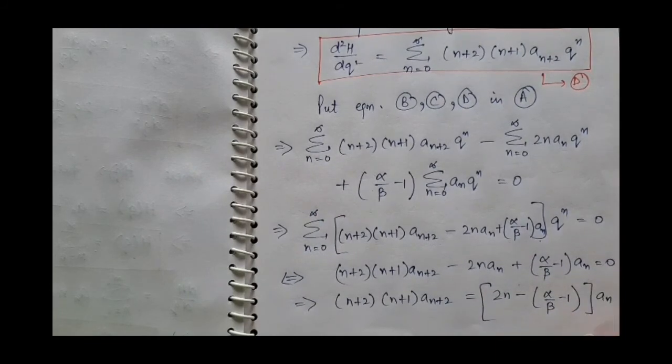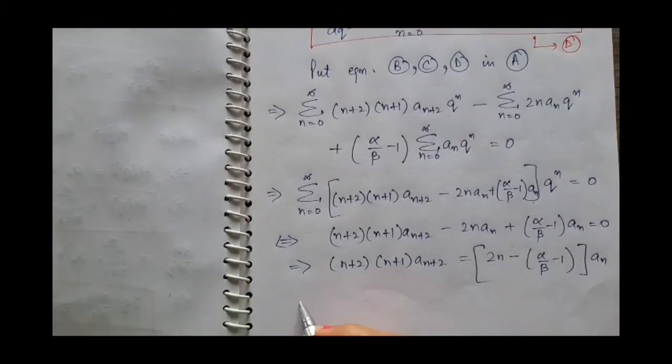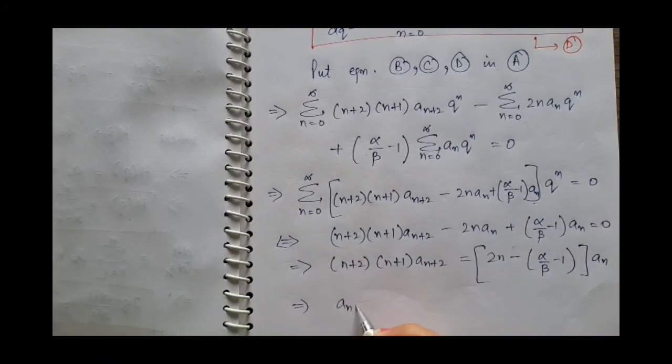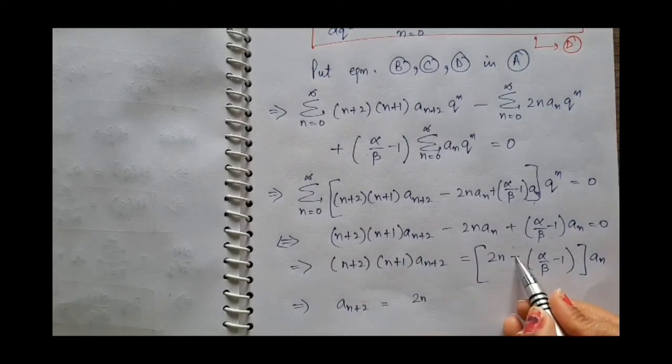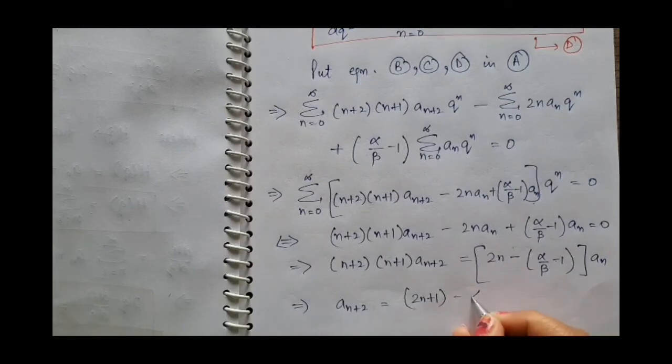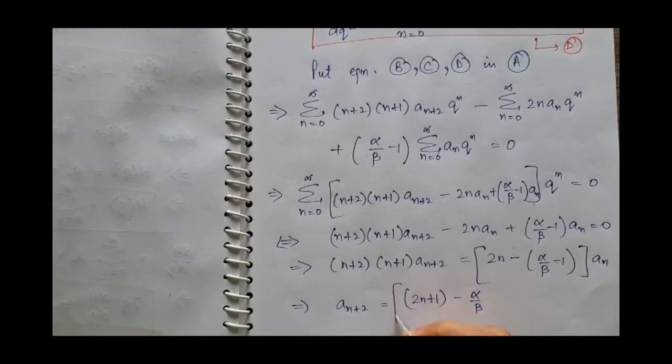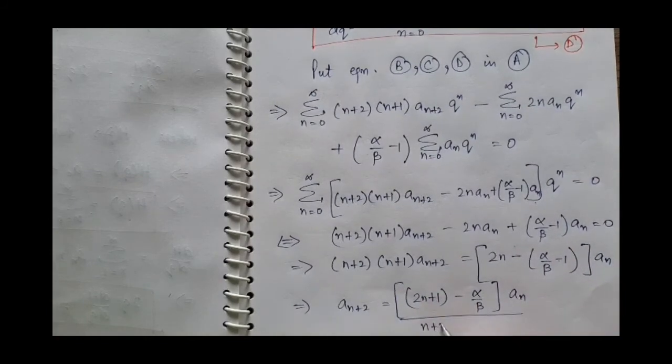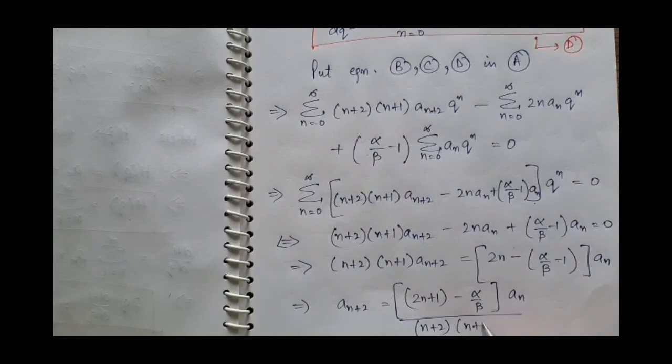A n is common, and then moving these terms, you will get a n plus 2 equal to (2n plus 1 minus alpha by beta) into a n divided by (n plus 2)(n plus 1). So this is the recurrence relation of a n plus 2 in terms of a n.